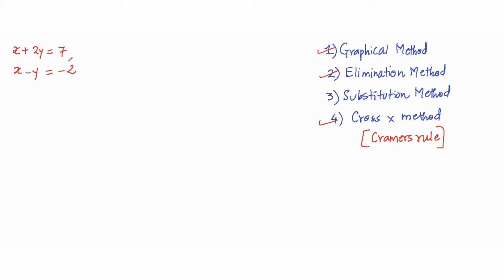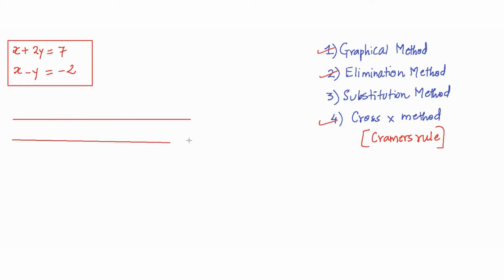Assume that I'm solving for these two variables x and y, and these are the equations given to me. So I will first plot the graph for the line x plus 2y equal to 7. How can I plot the graph? I will first create a table where I find some points that satisfy the given equation.